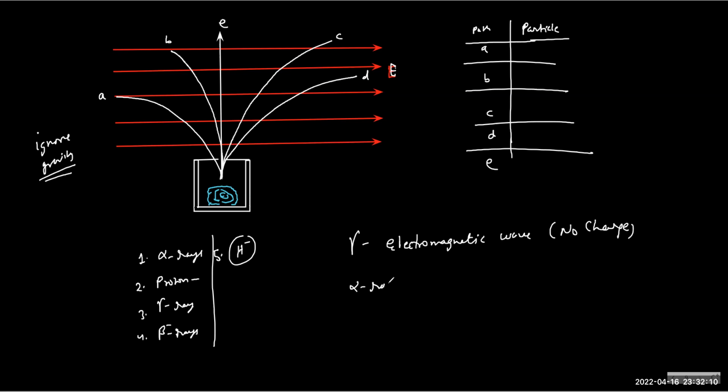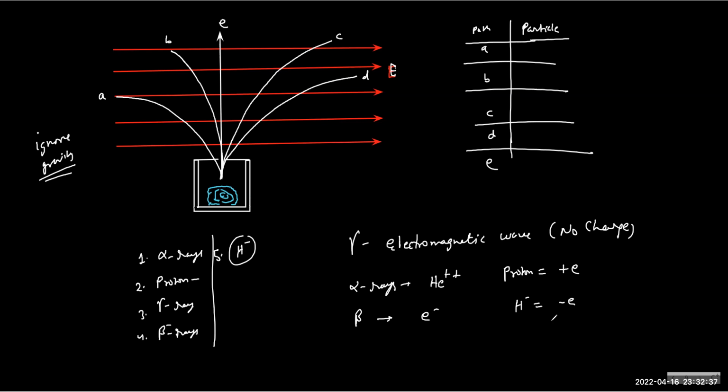Alpha rays are basically helium doubly ionized nuclei, called alpha. Beta is electron, and proton is plus charge, and H minus is minus charge. Okay.